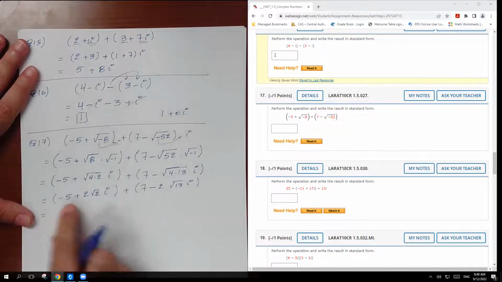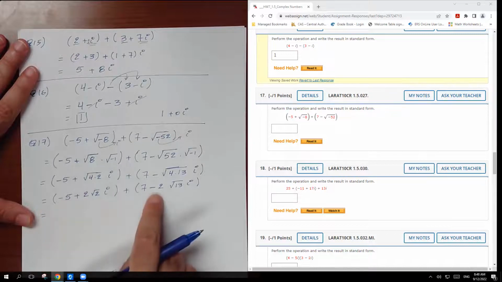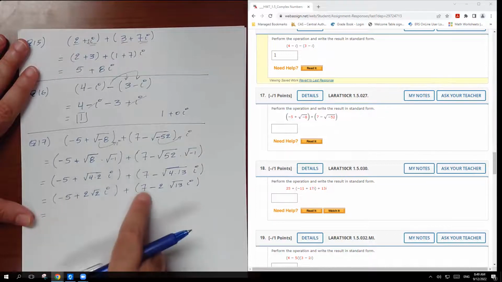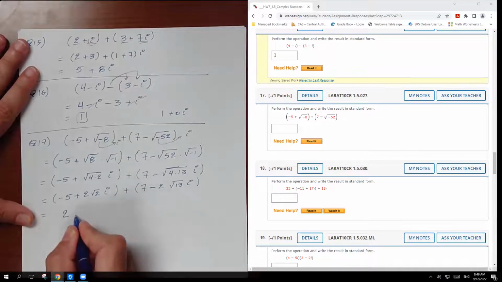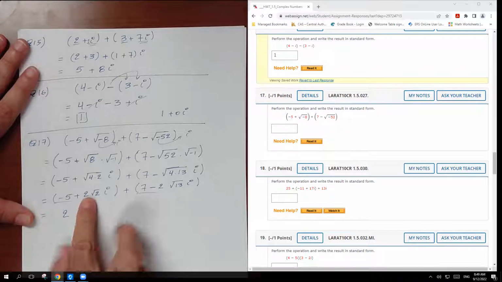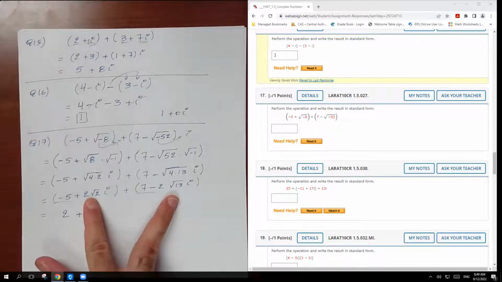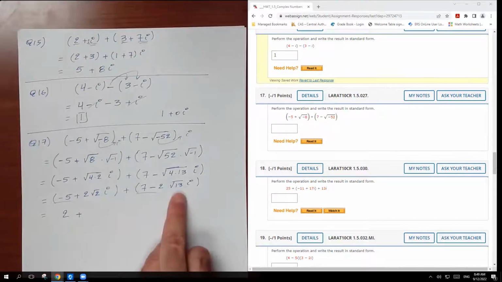So we're just going to add the real part. So it's going to be -5 plus 7 is going to be 2, plus add this one with this one. Now, if you check these two numbers, we can't add it. Why? Because this is under square root, 2 under square root, and here's 13. So we can't add these two numbers.